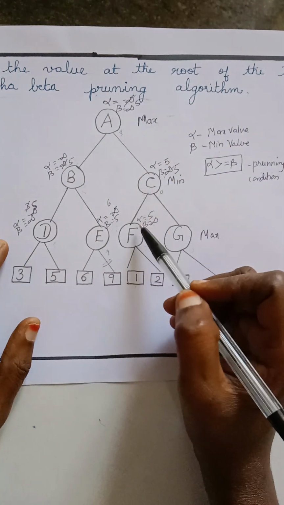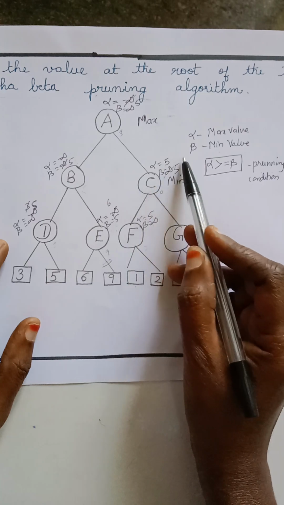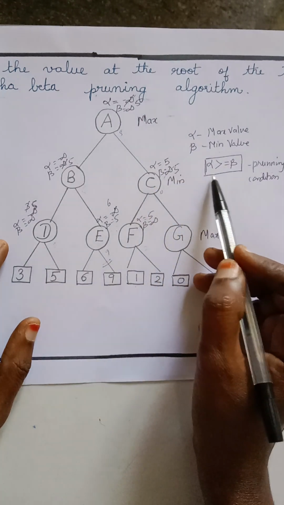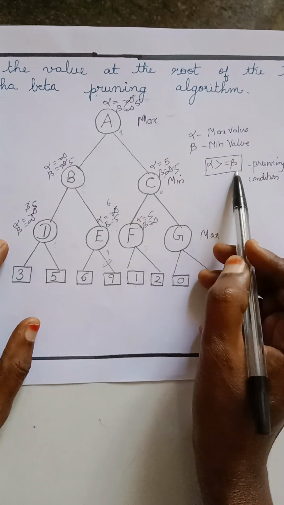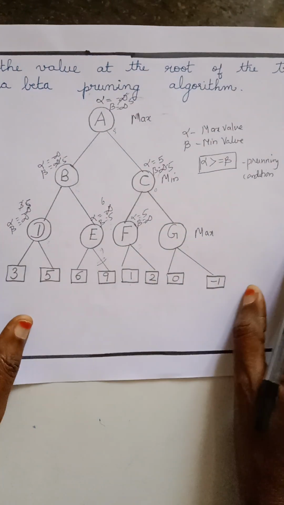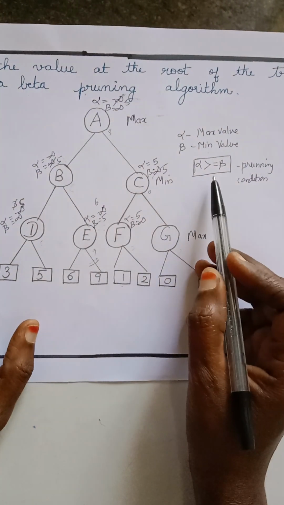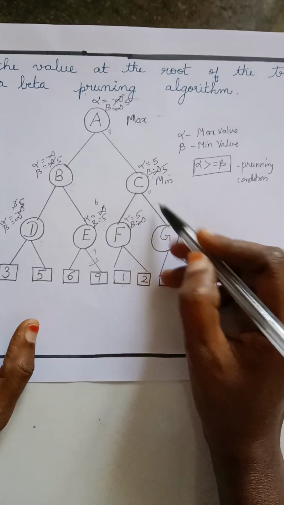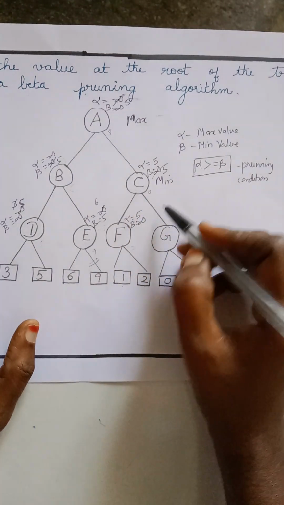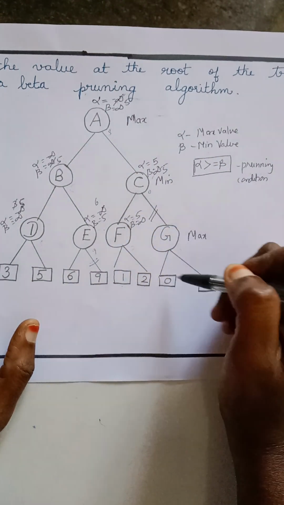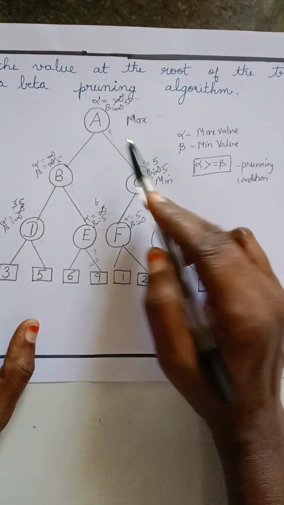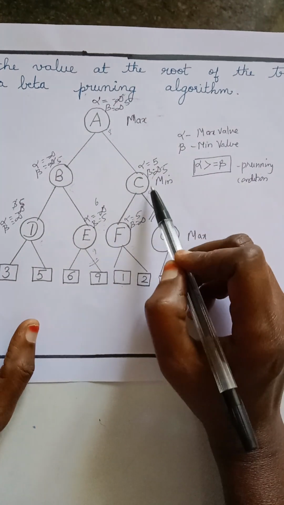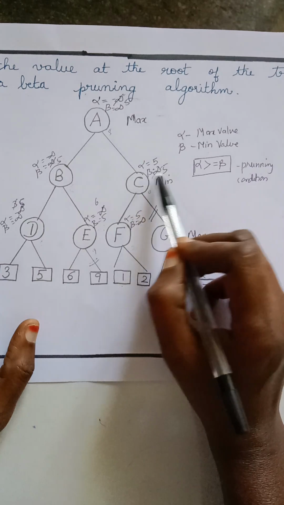Now we have reached the condition that alpha is 5 and beta is also 5, which is the alpha greater than or equal to beta condition, that is, the pruning condition is reached. Hence we have traversed the left part, reached the root, and this part need not be traversed. It has nothing to do with the result, so we can prune this. So alpha is 5 and beta is 5.